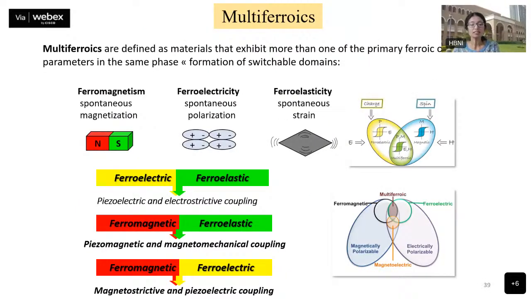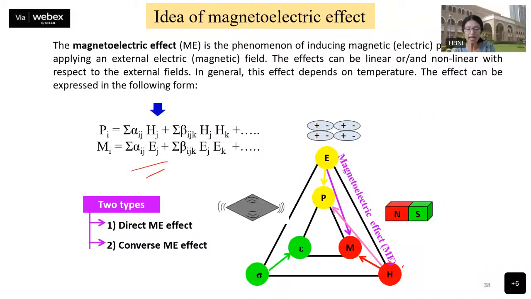So multiferroids are defined. Now different types of combinations are also possible. In some particular case over here, as you can see, this vibration is nothing but piezo. If you have a magnetic material and you apply a magnetic field and it is producing a stress in the material, or changing the dimension of the material, then you have something known as a magneto-piezoelectric effect.